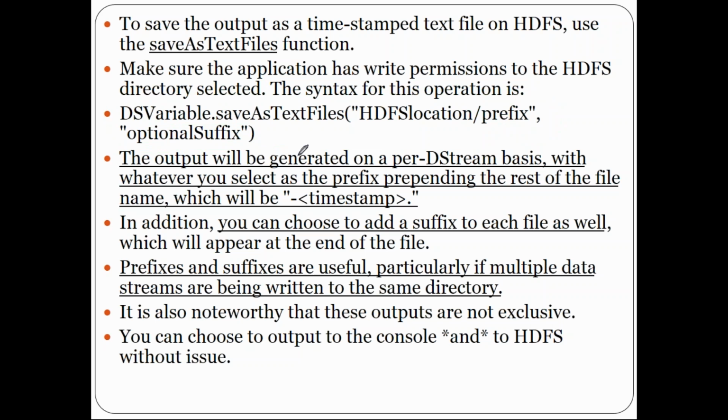One thing is very clear: your output will be generated on a per DStream basis. Per DStream basis means either a 1 second interval, 2 second interval, or 3 second interval. Once that is reached, whatever name you give as prefix is prepended to the rest of the file name, which is the timestamp. So your file comes with a timestamp, and if you had some suffix, that suffix will be carried forward. Okay, fair enough. Let's go to the second thing.